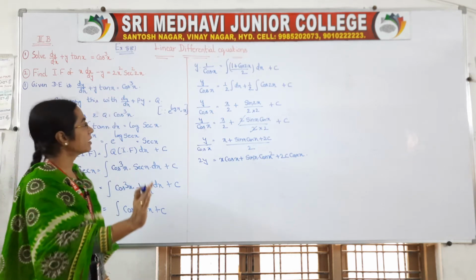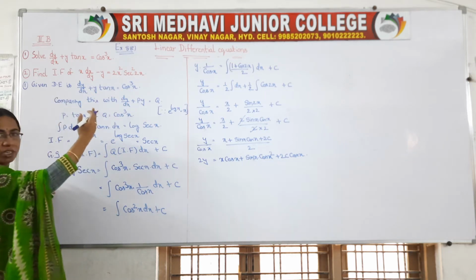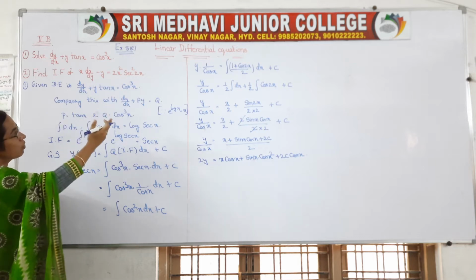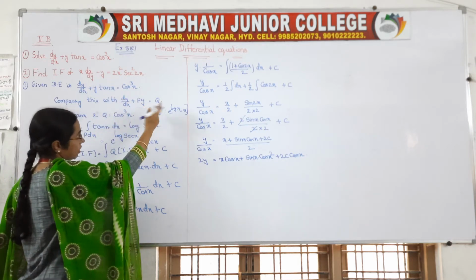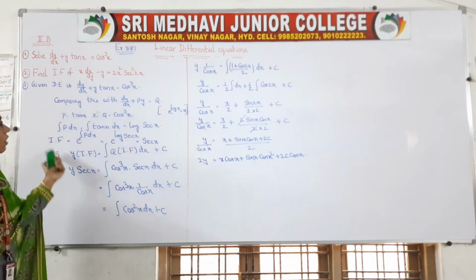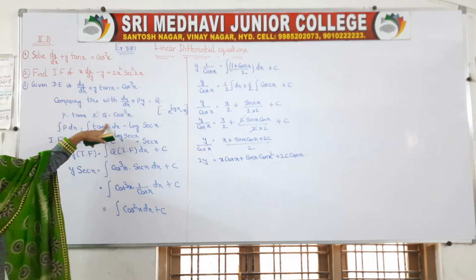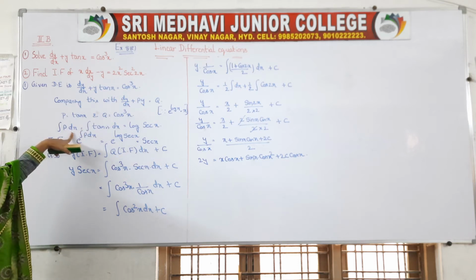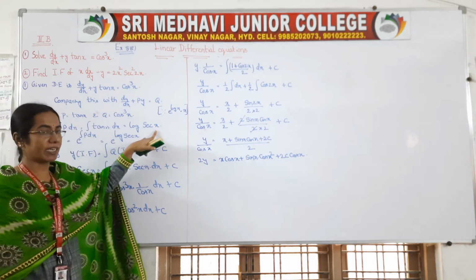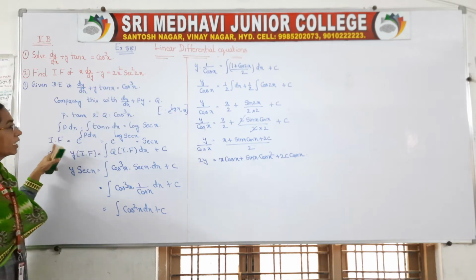Very simple. Your given equation is in the form of a linear differential equation, dy by dx plus py is equal to q. Find out your p value and q value. Next, integral p dx is log of secant x. Then find the integrating factor.